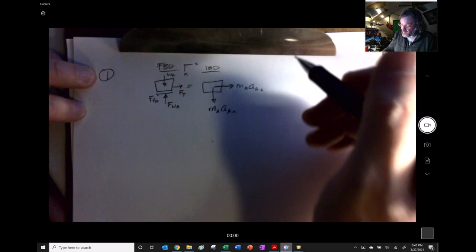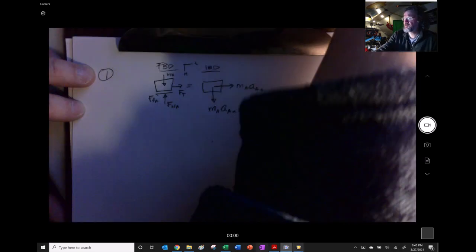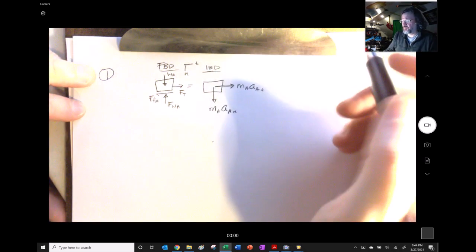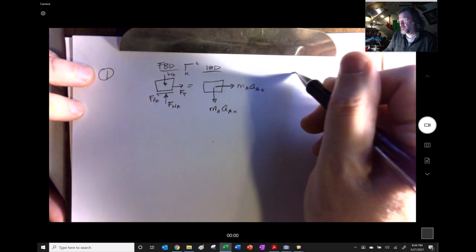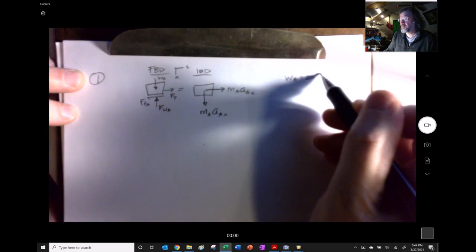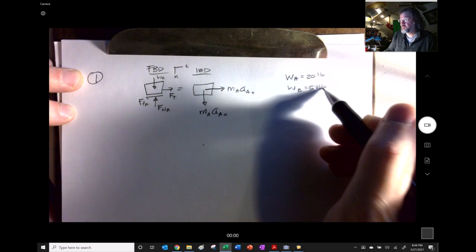Okay, some of the values that I'm going to use for this. WA is going to be equal to 20 pounds. WB is equal to 50 pounds.